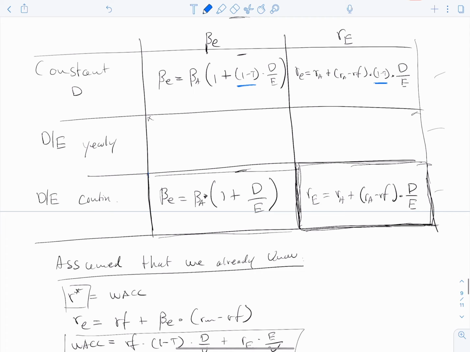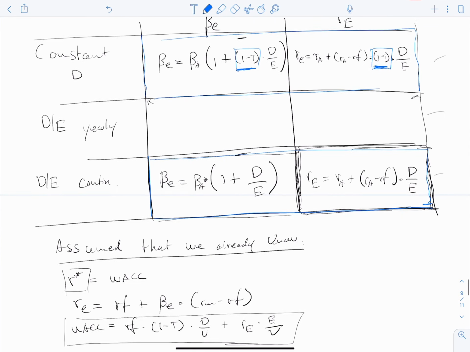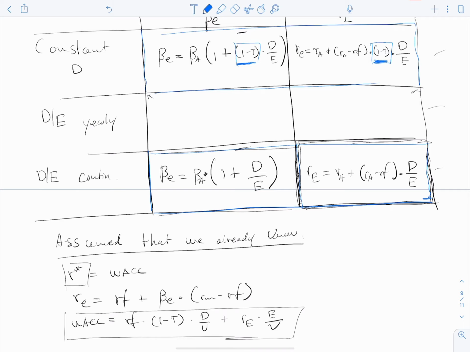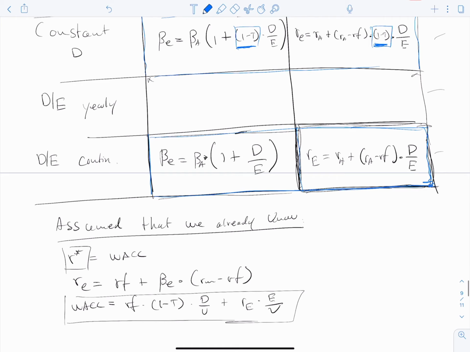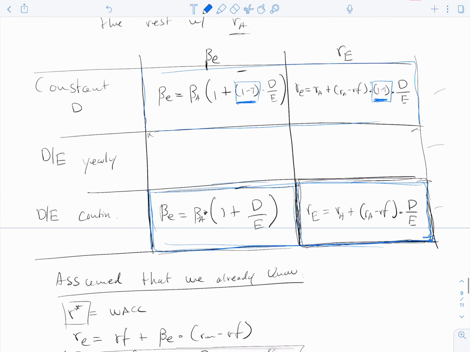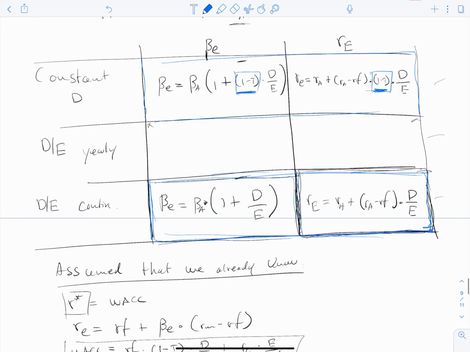So that means that if you can remember this part here, where debt is rebalanced continuously, then to remember where it's constant, all you need to remember is that you just add the tax term. And all of a sudden, I would say that this one is maybe quite close to already being memorized as you've seen it before. This one is in the easier spectrum of memorizing. And if you know these two, you basically have these two as well, because it's just the tax term.